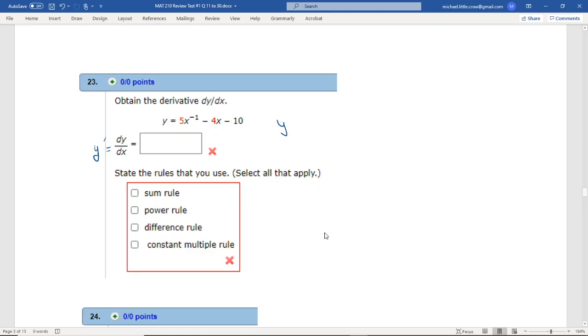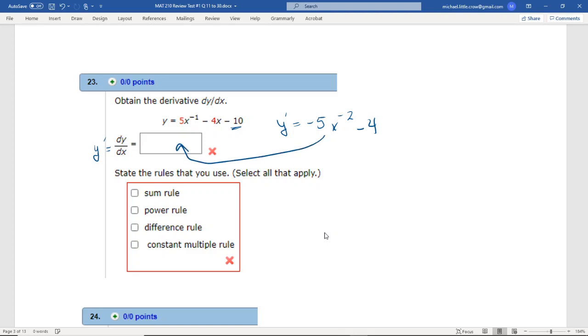So y prime, or dy/dx, negative 1 times 5 is negative 5, x to the minus 2, subtracting 1 from the exponent. The 1 comes down, so we've got a minus 4. 1 minus 1 is 0, x to the 0 is 1, so that's negative 4 times 1, so that's all there is there. This is a constant, so when we take its derivative, it's 0, so you could have a plus 0 here, but we don't write that.